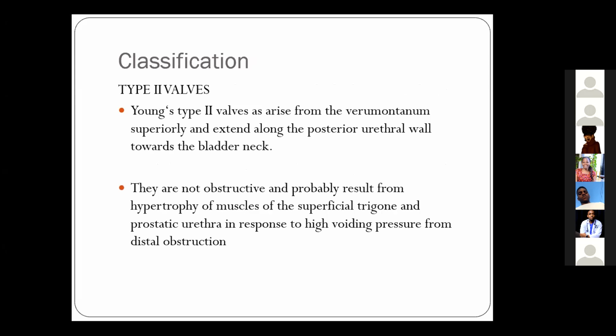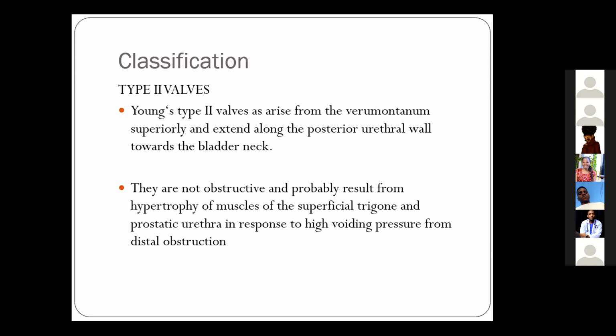Type 2 is no longer considered to be a type of posterior urethral valves because they are not obstructive, and they probably result from hypertrophy of the muscles of the superficial trigone and the prostatic urethra in response to the high voiding pressures from the distal obstruction.